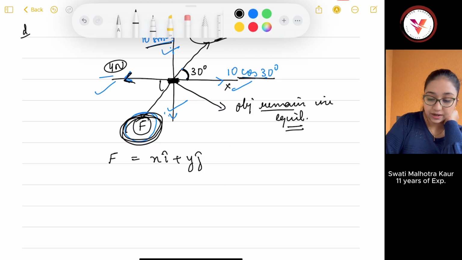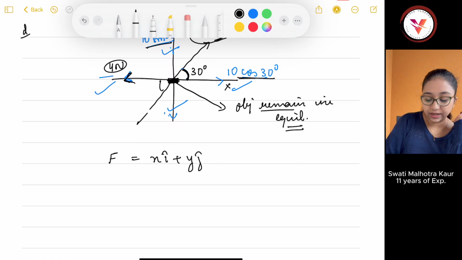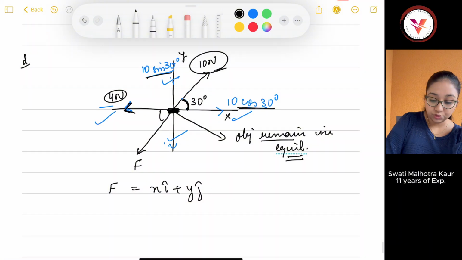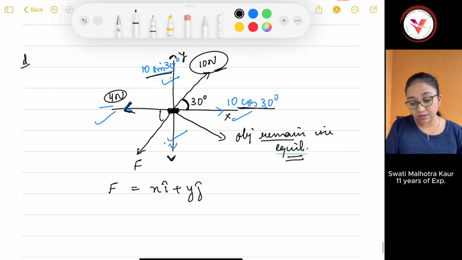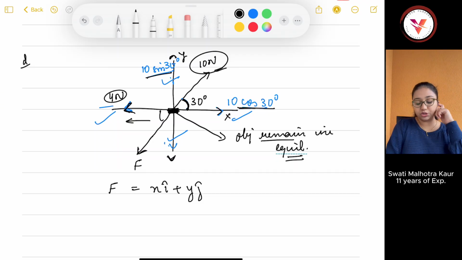But as per the diagram, if your force F is acting here, then obviously this 10 Newton force should be balanced by some force here. So y should be negative. And again, this F is here, so its x component should be resolved here, so it should also be negative. But we'll see.